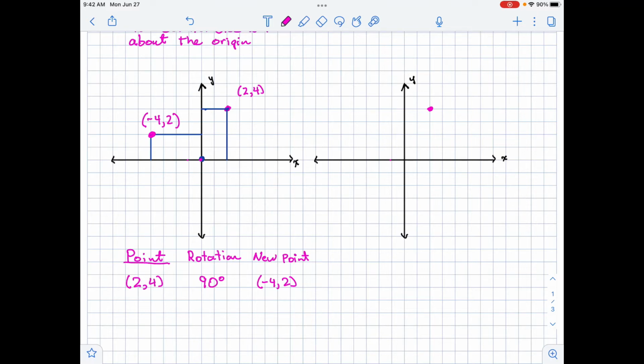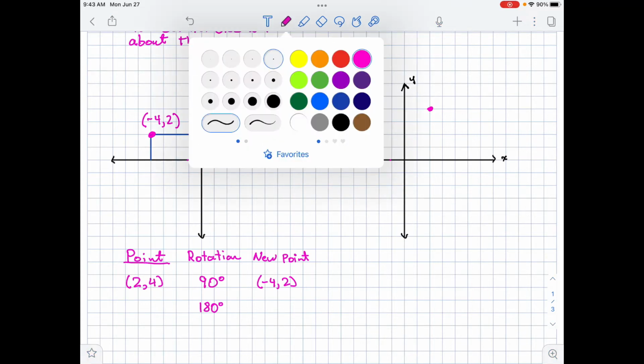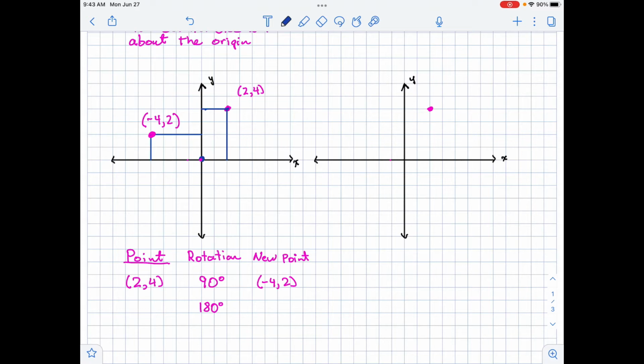Now let's go another 90 degrees. Let's do a 180 rotation. So now picture this rectangle. It's 90 degrees here, and then it gets rotated another 90. So what would that look like? Well, now you have a rectangle that looks like this.